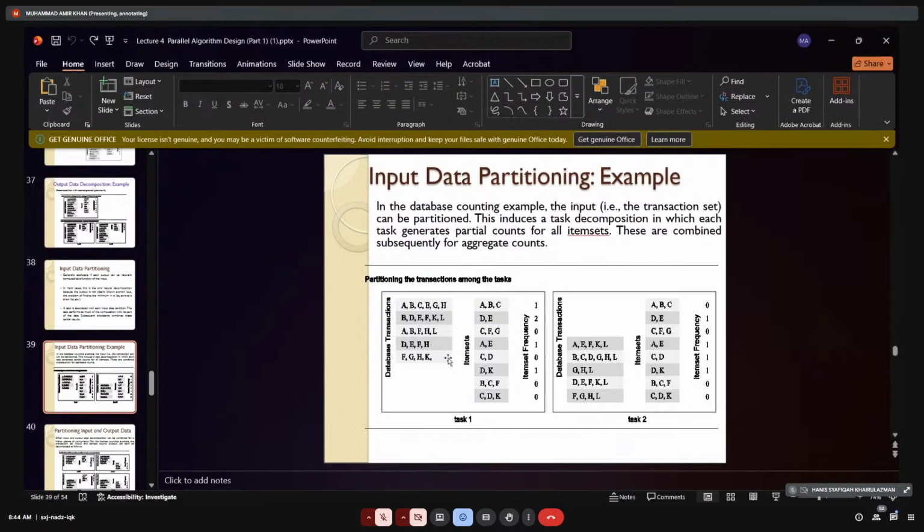Very simple. So we can write in the item set frequency. Like ABC, how many times is ABC repeating? Only one time. DE, two times. CEF, CFG, zero. AE, one time. So same thing.